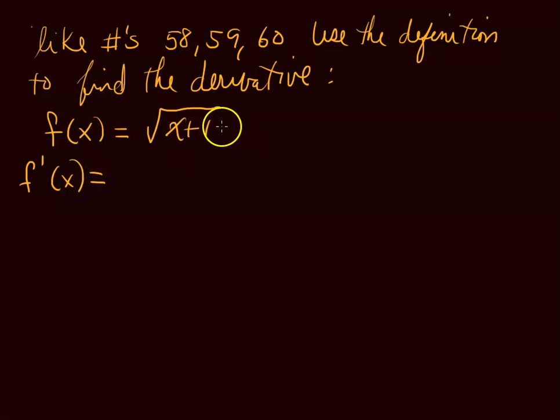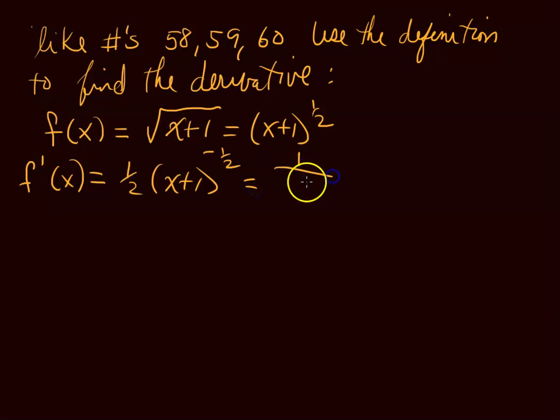Let's think of this as x plus 1 to the 1/2. So this is 1/2 times x plus 1 to the negative 1/2, which is 1 over 2 times the square root of x plus 1. So we know the answer. We just have to use the definition.